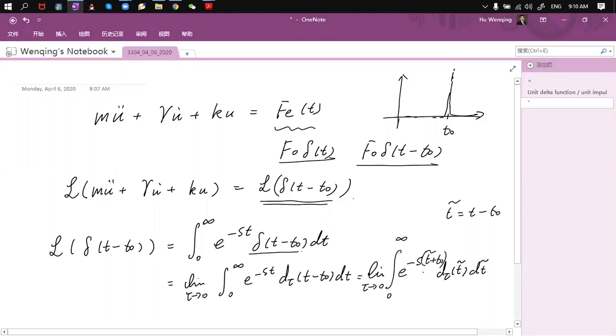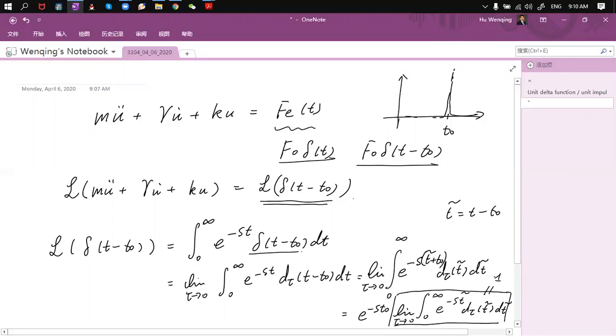If you do that, you are going to end up with e to the power minus s t0 times the limit as tau goes to 0 of the integral from 0 to infinity of e to the power minus s t tilde, delta tau of t tilde dt tilde, right? And the latter integral was shown to be equal to 1 if you take a limit, from last lecture.